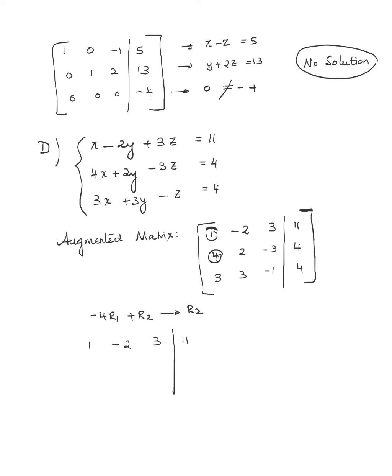Multiplying row 1 by -4 gives -4, 8, -12, -44. Then you add it to row 2, so we get 0, 10, -15, -40. That is what we are going to put here.